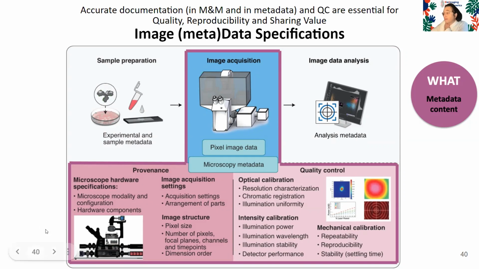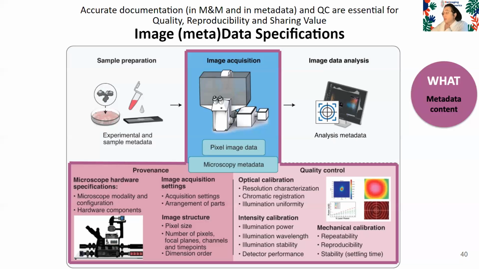So the microscopy metadata standards specifications that we're developing describe two aspects. One is the provenance: where was the imaging coming from? So the specification for the hardware of the microscope, the image acquisition settings, the structure of the image, we define as provenance, the origin of the data.